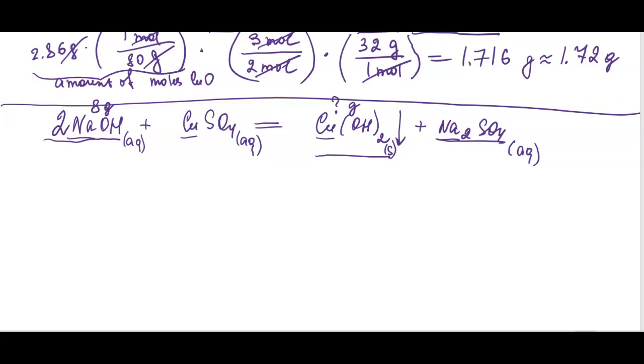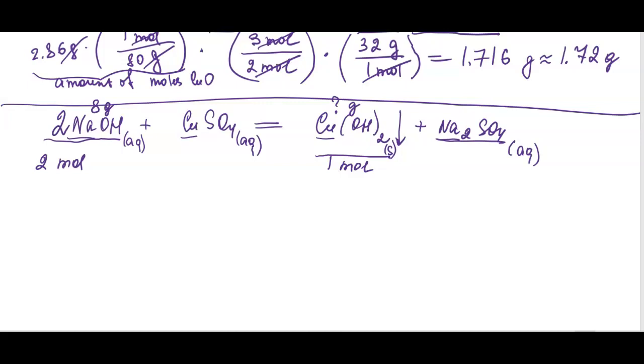First of all, coefficient 2 in front of NaOH gives us 2 moles, or any kind of units, any kind of portion, 2 billions, or 2 moles, or just 2 units. And in front of copper hydroxide, there is no coefficient.